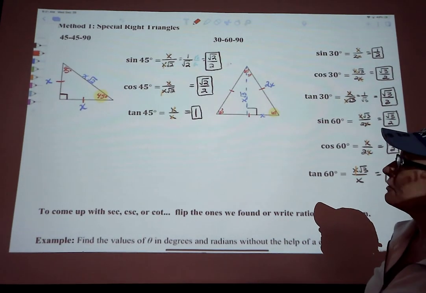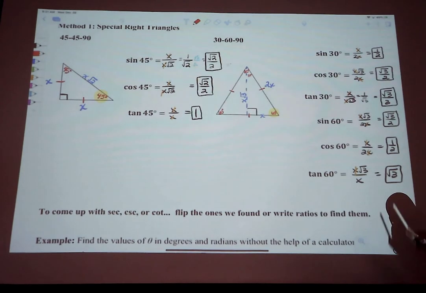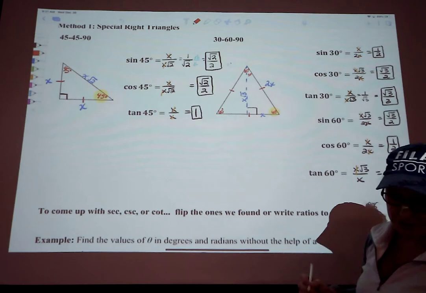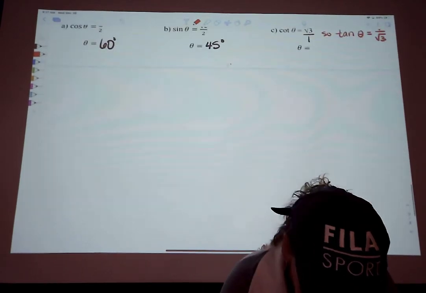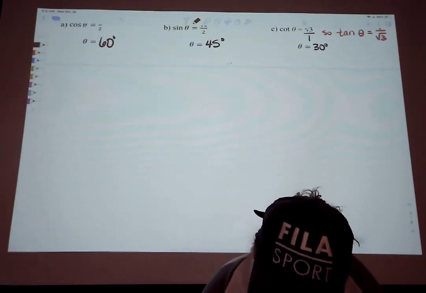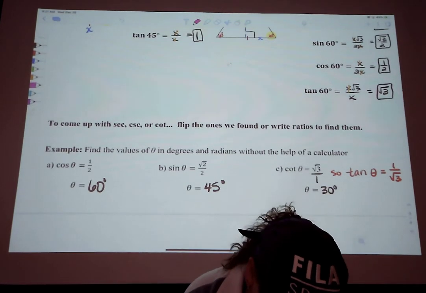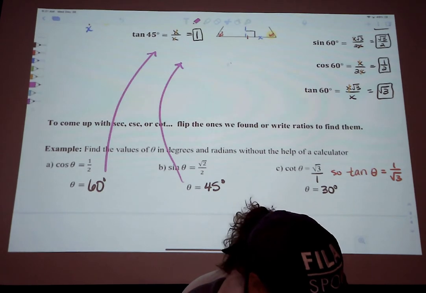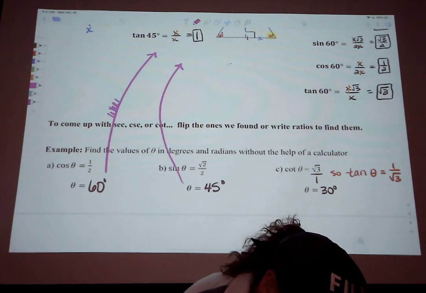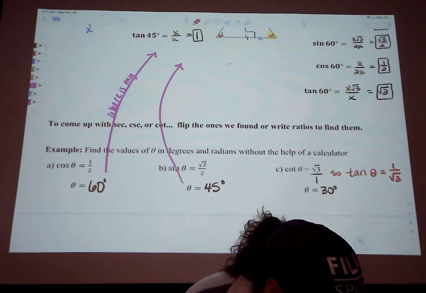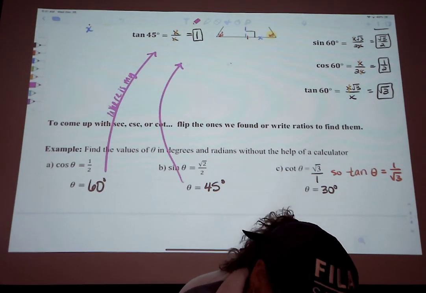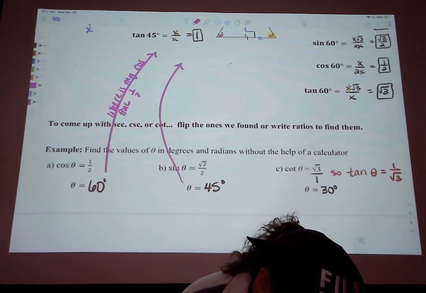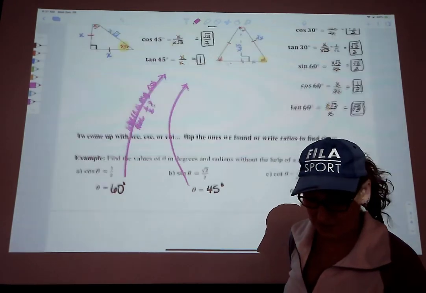Yeah, right here. 1 over radical 3, and then we simplified it, 30 degrees. So what we did is we looked up here to see where is my cosine fraction 1/2. That's how we found our answers.